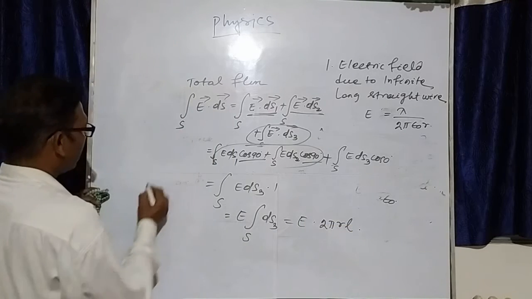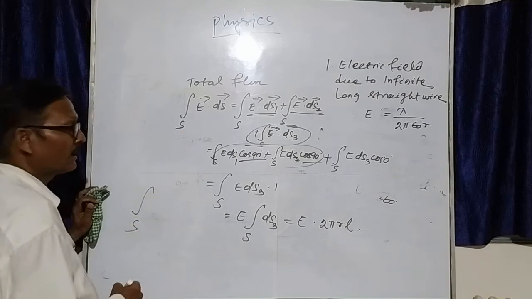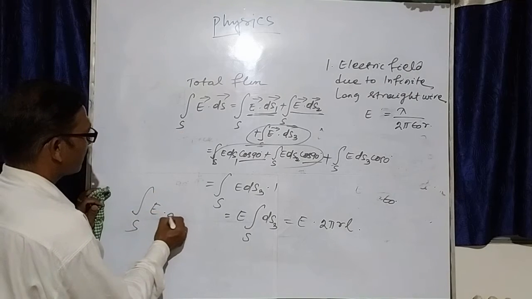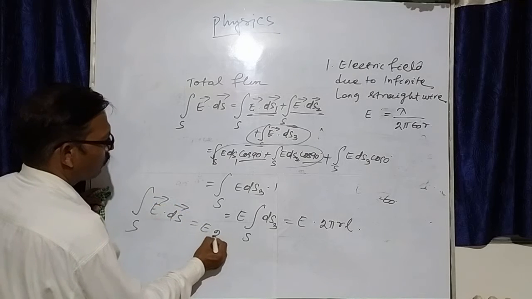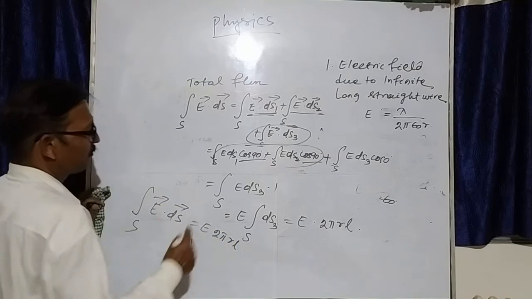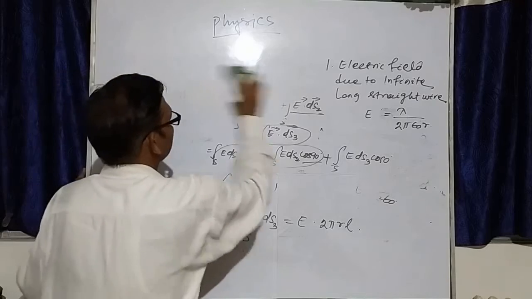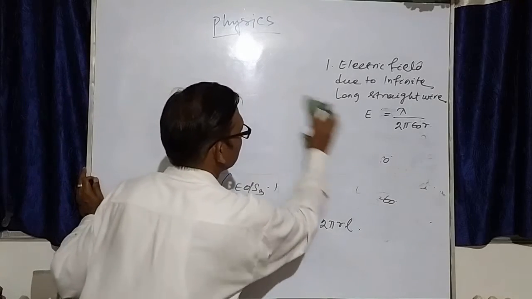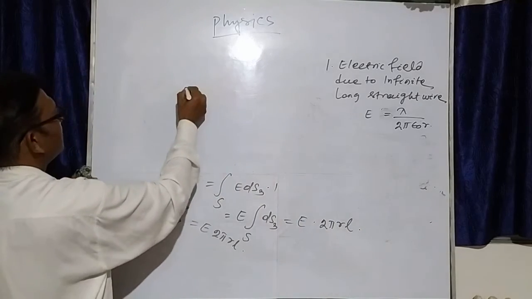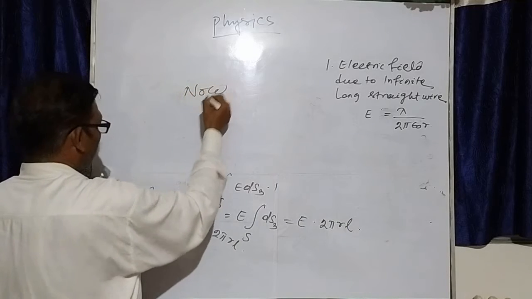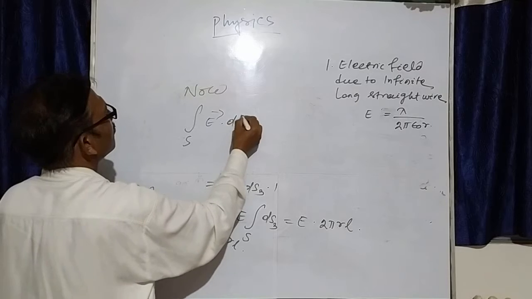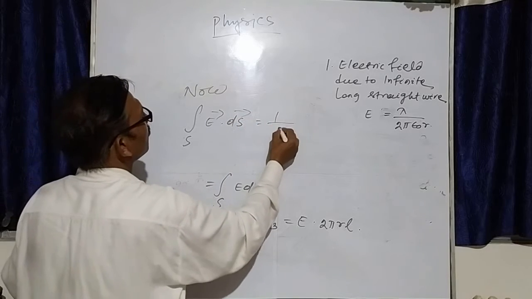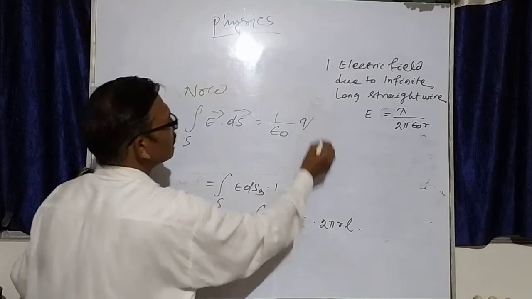So the total electric flux linked with the cylinder, integration of E dot ds, is E 2 pi r L. Now the total flux from Gauss theorem is 1 by epsilon 0 q.